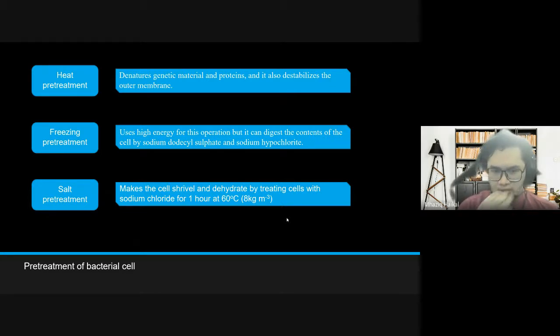The third one is salt pre-treatment, which makes the cells shrivel and dehydrate by treating the cells with sodium chloride for around 1 hour at 60 degrees Celsius at a density of 8 kilograms per cubic meter. That is the pre-treatment of the bacterial cell, which we use to make it easy to extract the PHA by using the extraction methods later on.